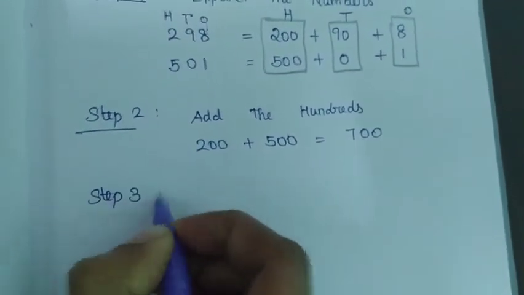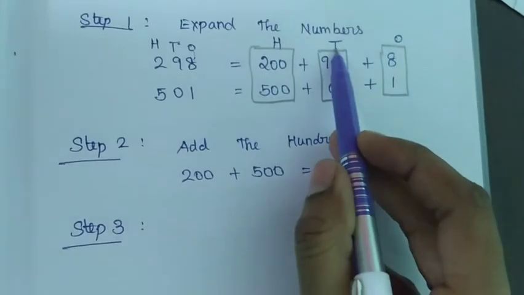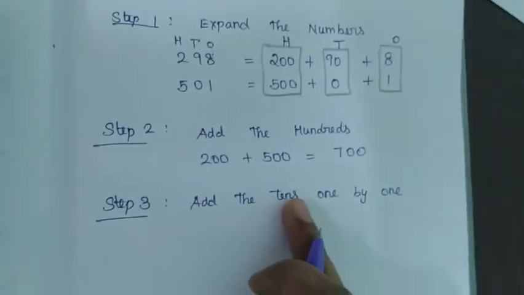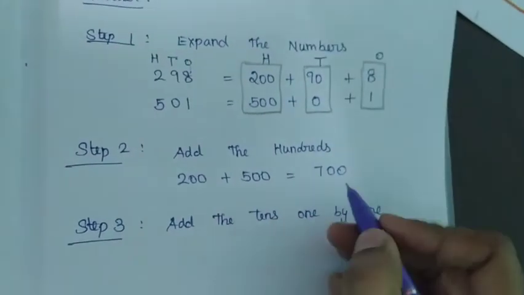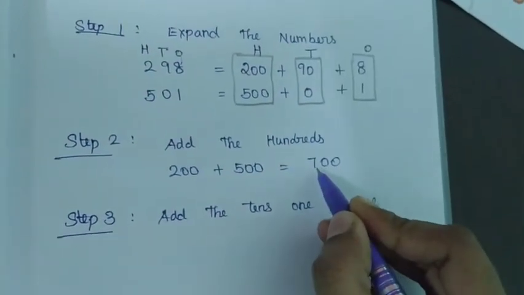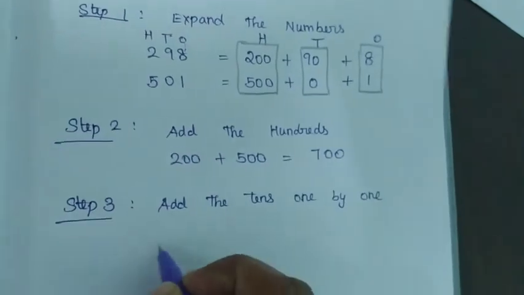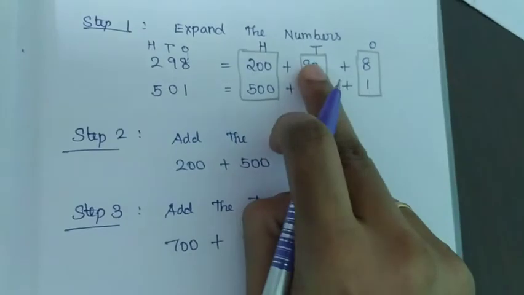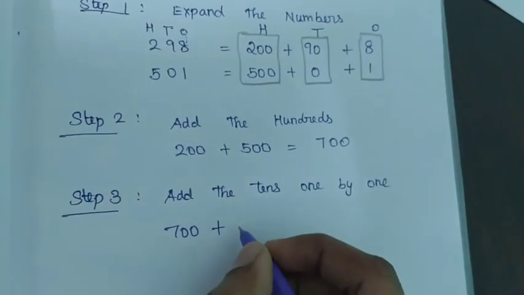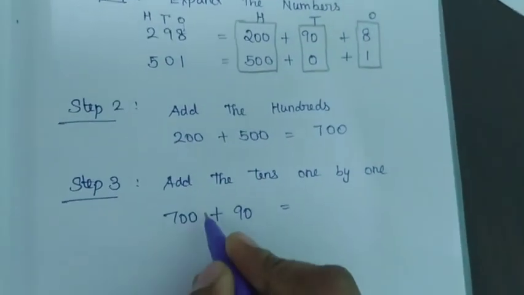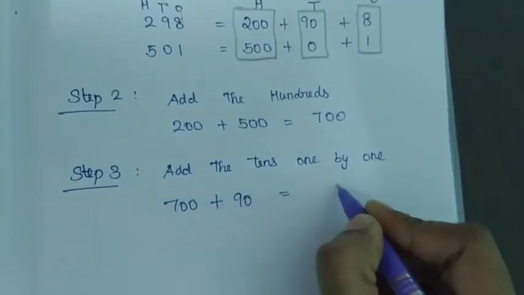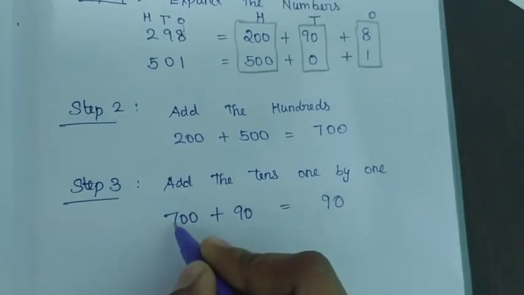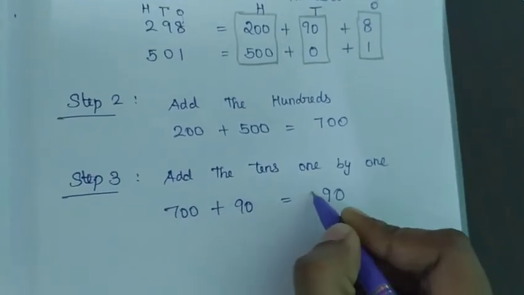Now what is the step 3? Step 3 is add the tens. Write step 3, add the tens one by one. Okay, now what answer having, ma? 700. So 700 plus, now we adding the tens. What is the first tens? 90. So put 90 equal to, okay, 0 plus 0, 0. 0 plus 9, 9. 7, here there is no number, so put 7 itself.